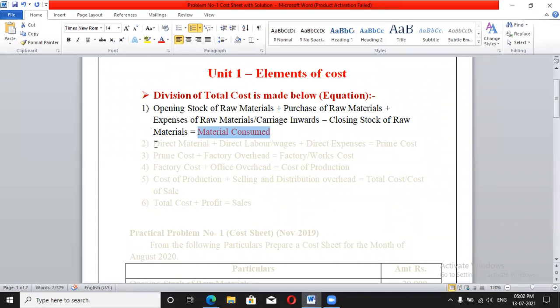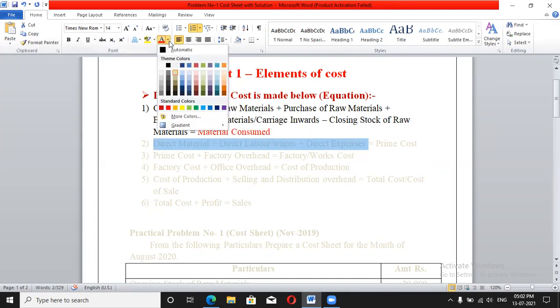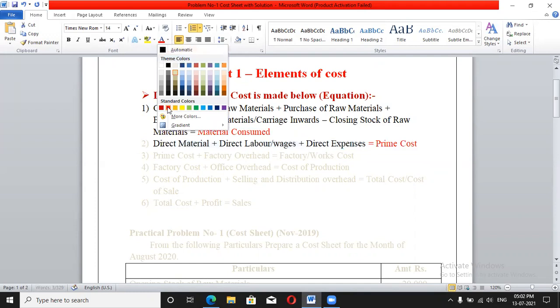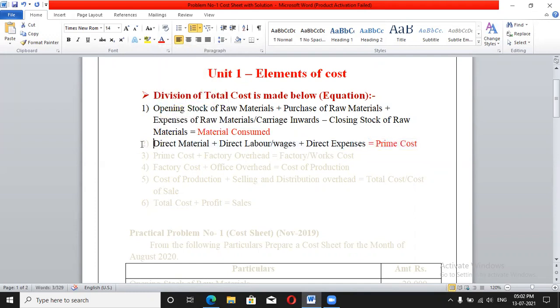Let's see the second equation. Direct material plus direct labor, meaning wages, plus direct expenses. Adding these 3 items, the answer of that equation is prime cost.